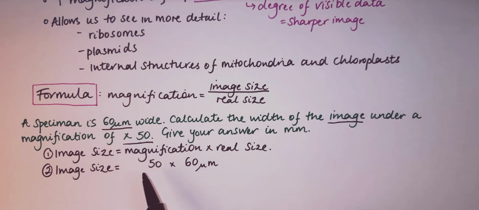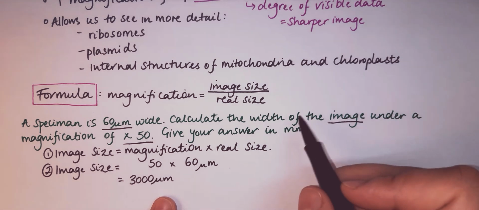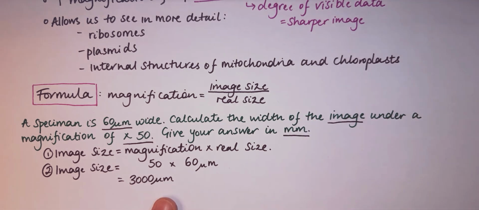When we do that, we get an answer of 3000 micrometers. Now, that is the answer. However, it's asking us to give our final answer in millimeters. So when we convert that, we get 3 millimeters. All we've done here is divide by 1000 to get micrometers into millimeters.